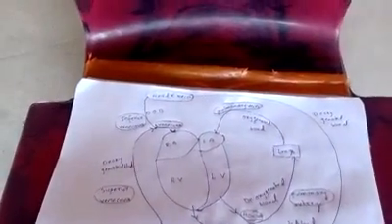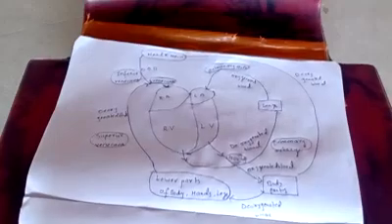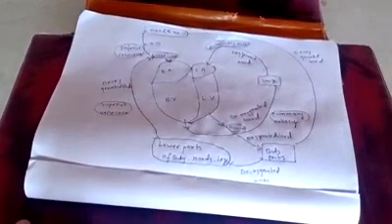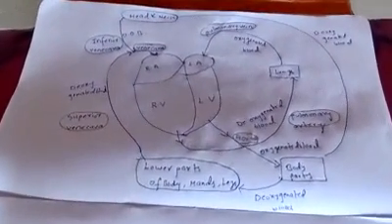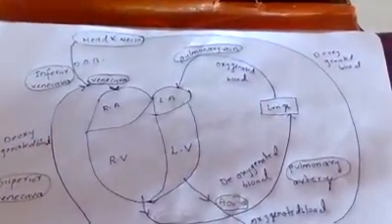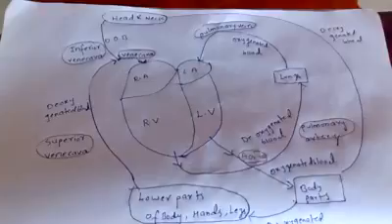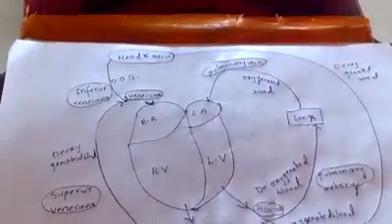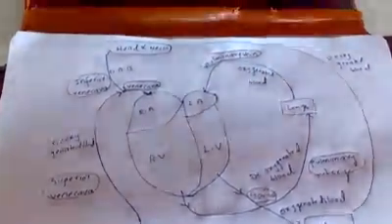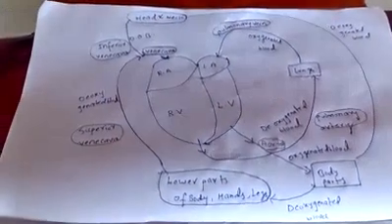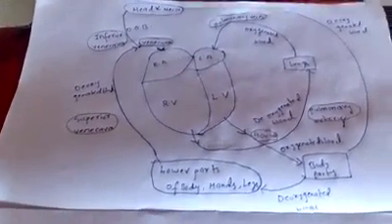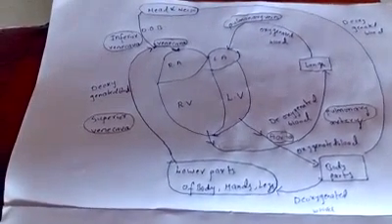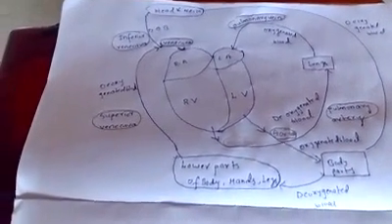Pulmonary vein. You know, children, all veins collect the impure blood from the various body parts, but the exception is the pulmonary vein. This pulmonary vein supplies the oxygenated blood to the left atrium.